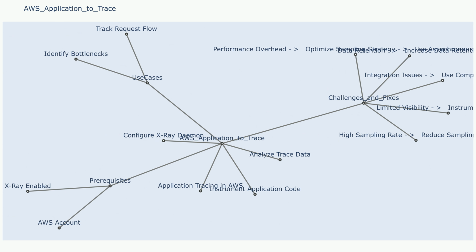Performance overhead. Adding tracing functionality can introduce performance overhead, especially if high sampling rates are used. Optimize sampling strategy. Adjust the sampling rate to balance the need for data collection with minimal performance impact.